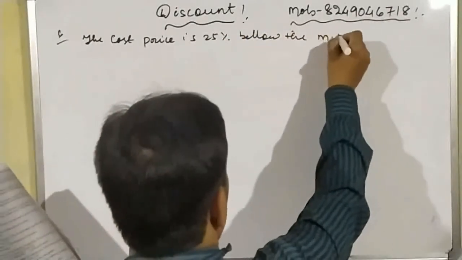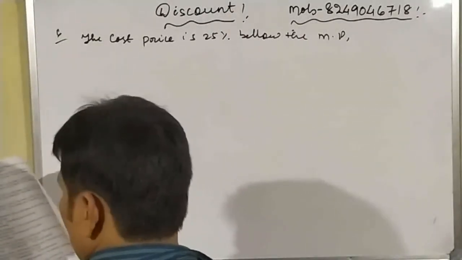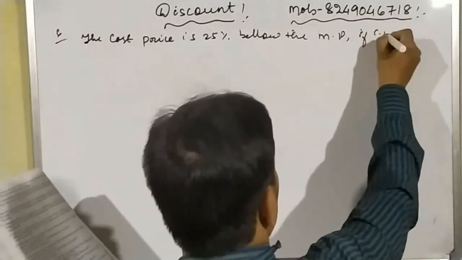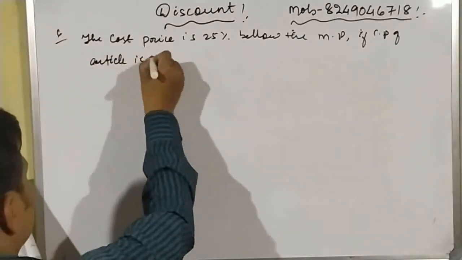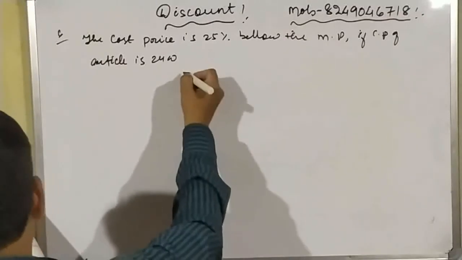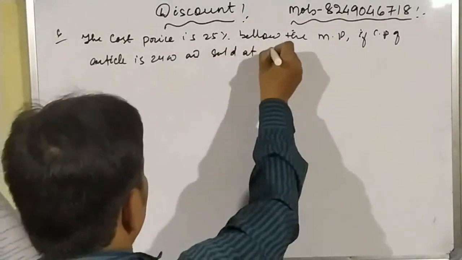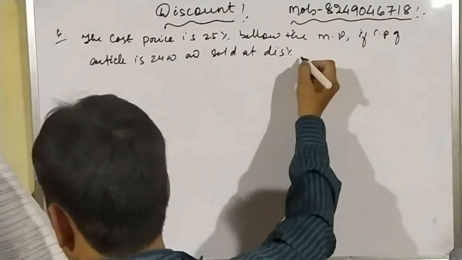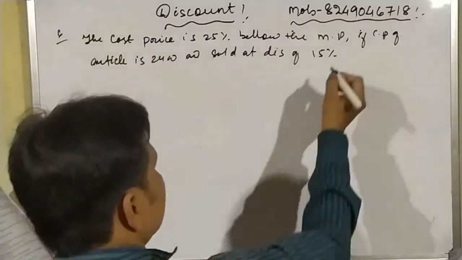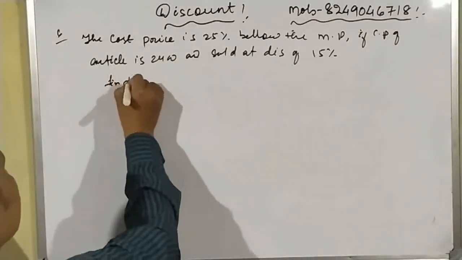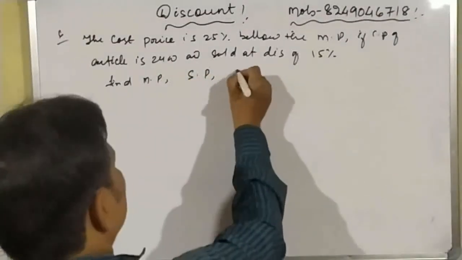If the cost price of the article is 2400 and it is sold at a discount of 15%, find the mark price, selling price, and profit percentage.